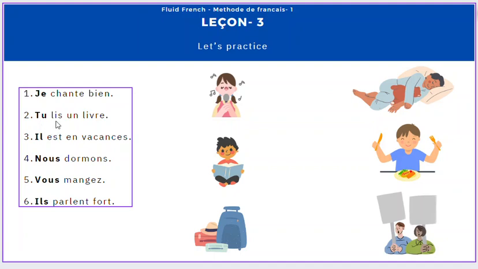Tu lis un livre. Il est en vacances. When read together, we do the liaison, consonant vowel combination, remember? Il est en vacances. Nous dormons. Vous mangez. Il parle fort. T will not be pronounced.